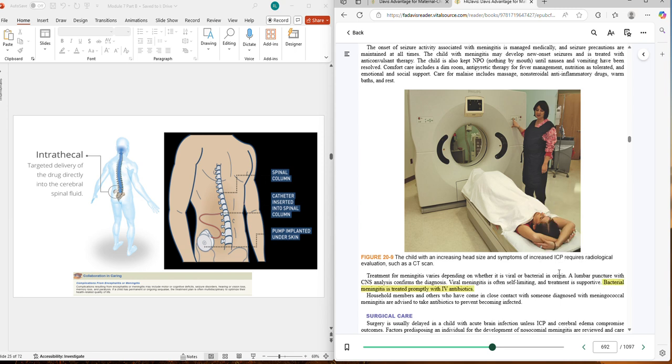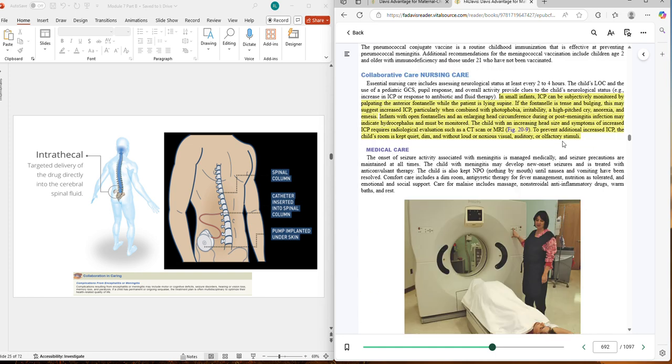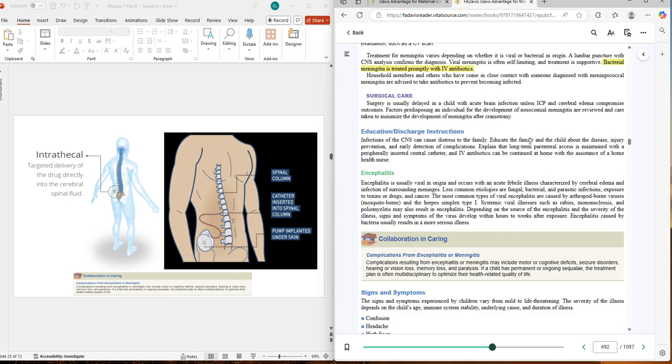It can go south in a hurry, so we get those IV antibiotics on board. Going back up here, one thing that you're going to do, and you can write this in your book because it's in my book, is measure the head circumference every shift. You're going to see it enlarge with the increased ICP, so you need to be measuring that head circumference every single shift.